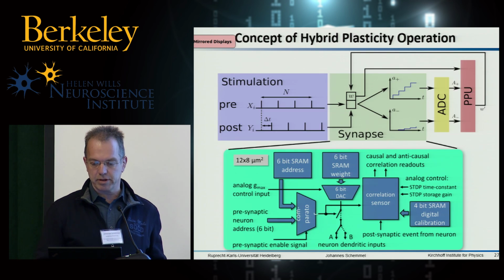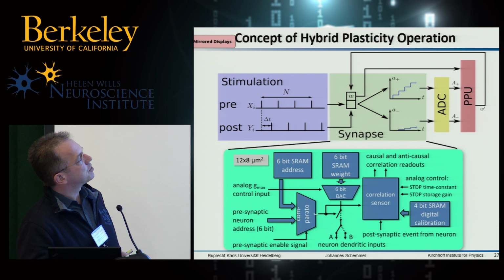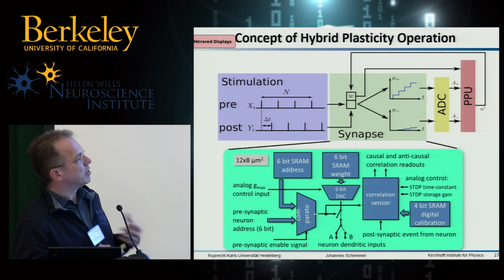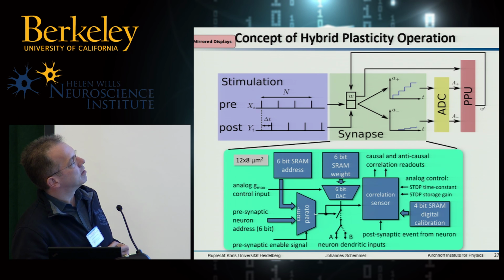The digital value of the measured correlation in the synapse is sent to this processor. For each synapse you have a lot of circuits, but important is that we have this correlation sensor and the weight. The weight projects to the neuron, the dendritic input, and produces a post-synaptic potential. The correlation sensor measures the temporal difference between pre and post signal.